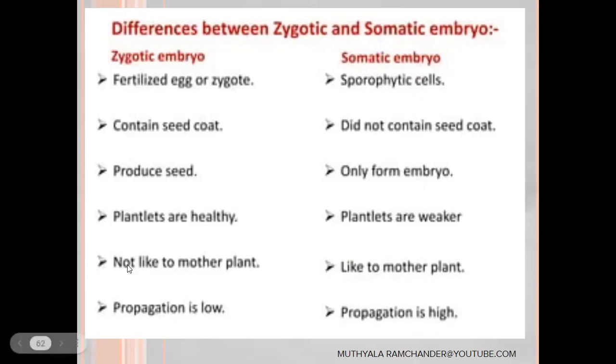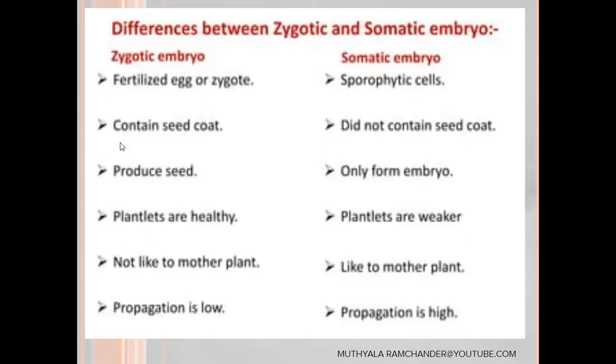Zygotic embryos are not like the mother plant. Somatic embryos are like the mother plant because the somatic cells are collected from the vegetative parts of the plant body. So somatic embryos develop into plants identical to the parental plant. But zygotic embryos are not identical to the parental plant or mother plant.